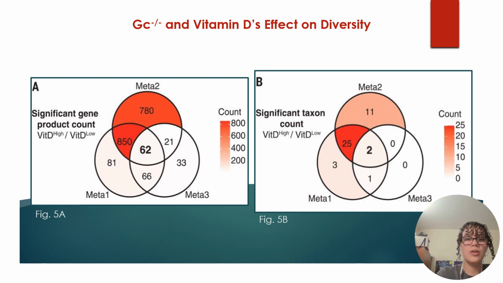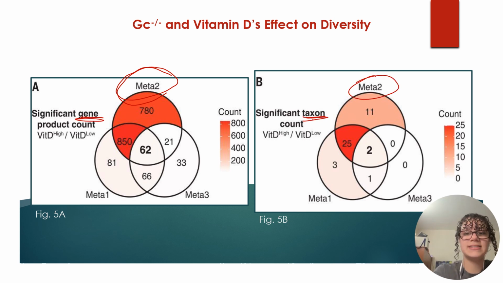As is noted here, the one that performed the best was the meta-analysis of 2, which is comparing the wild type and GC inactive in their varying conditions, which obviously would make the most sense as there's the greatest diversity from them. As you can see here, there is both a significant gene difference and a significant taxa difference.